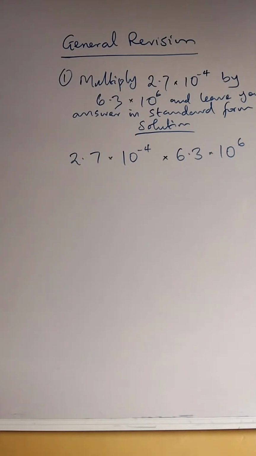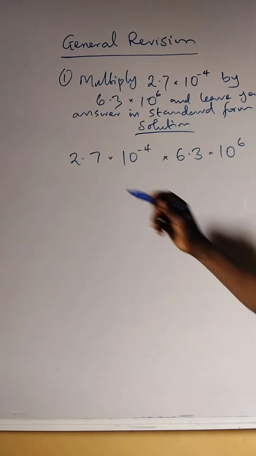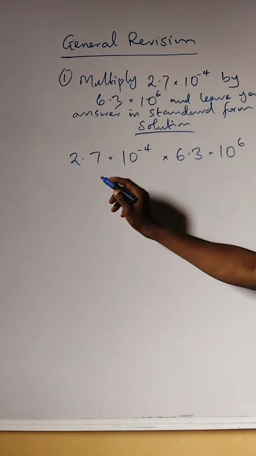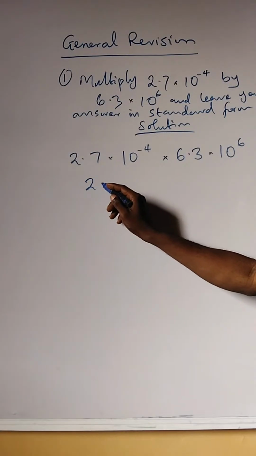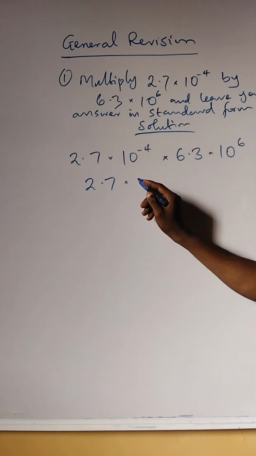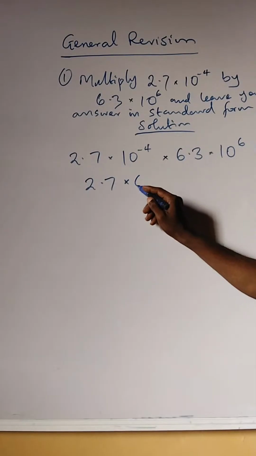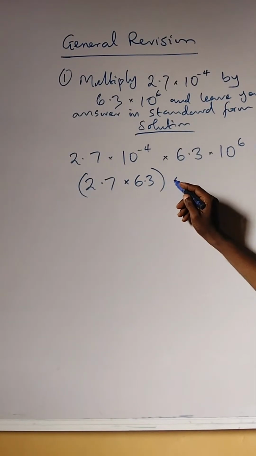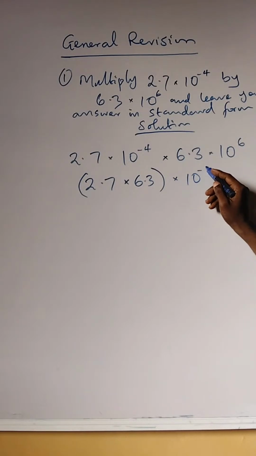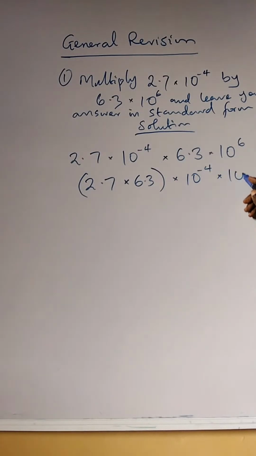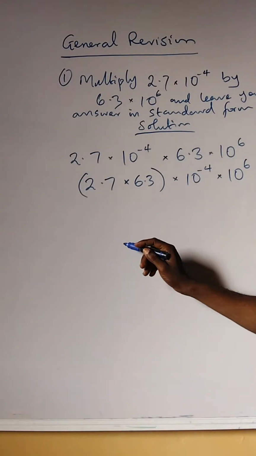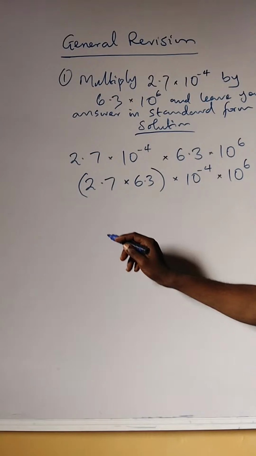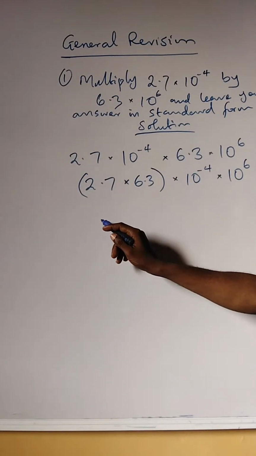Now, to multiply, we separate the decimal numbers: 2.7 times 6.3, then multiply by 10 raised to the power minus 4 times 10 raised to the power 6. We can do that without a calculator.